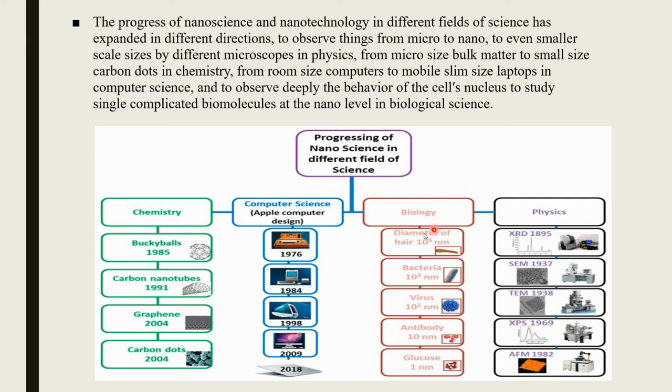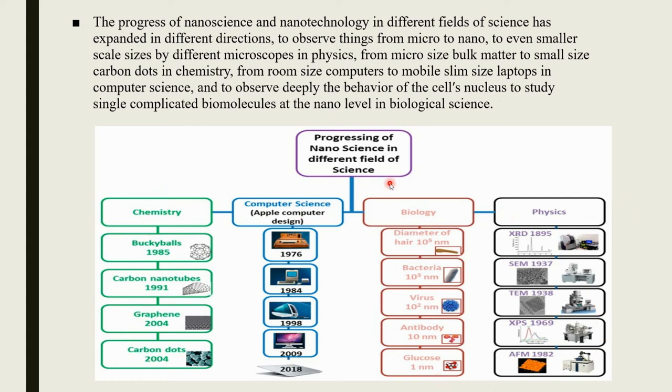Now biology, it is very important in biology too. Why so? Because we were first focusing on the behavior of the cell. Now we are also moving to the organelles, from the cell to the organelles and even to the nucleus. We are moving to the nano level in biological science in today's world, because it is important to give a wide picture in biological science.